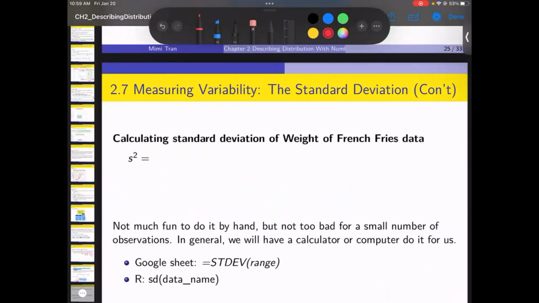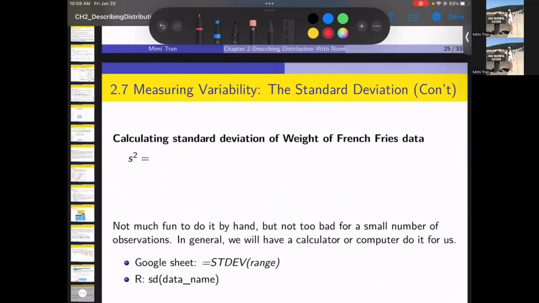If I were to calculate by hand, say my first French fry data set. Let me see what my French fry data set is. The first one is 78, then 72, 69, etc. If I used the formula, I'm going to take 78, subtract the mean. What is the mean?